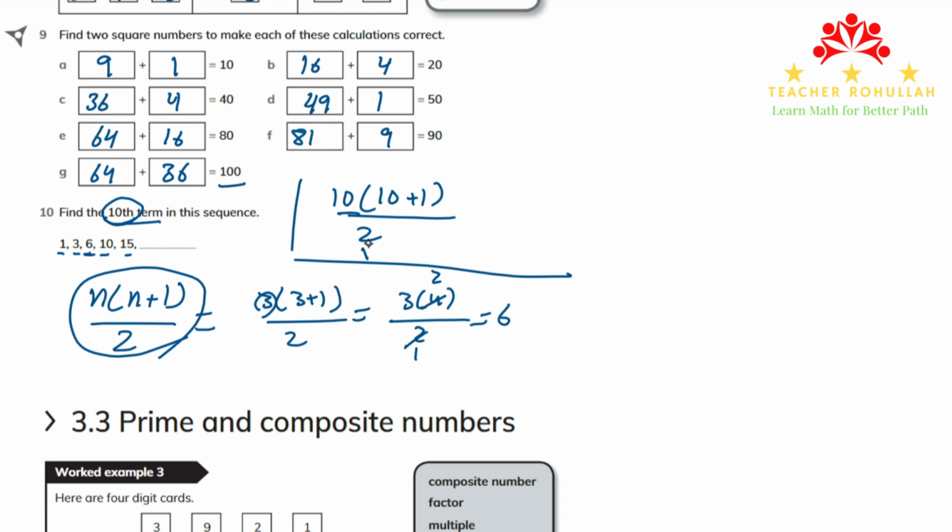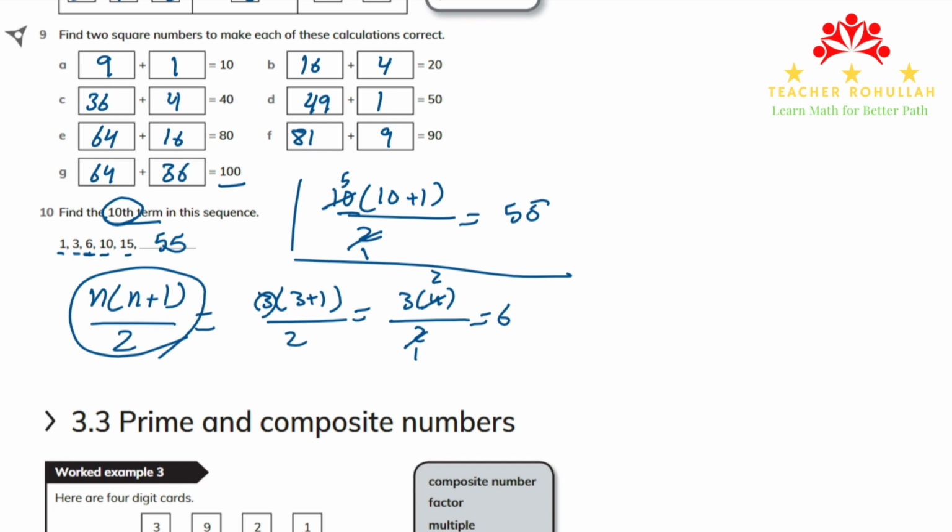So we can simplify. 1 times 2 is 2, and 5 times 2 is 10. 10 plus 1 is 11. 11 times 5 is 55. So the 10th term here is 55. If we continue, we can reach 55, which is the 10th term of the sequence.